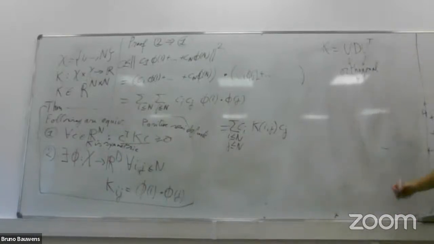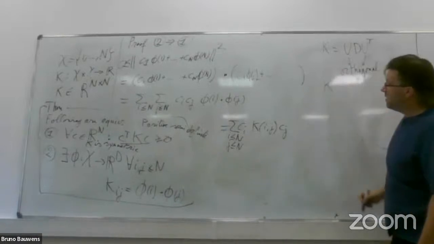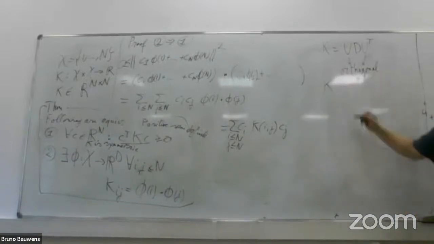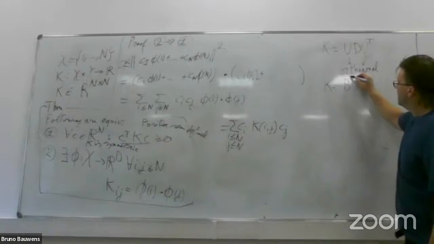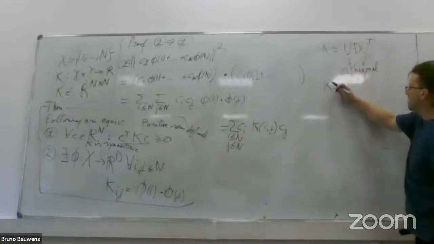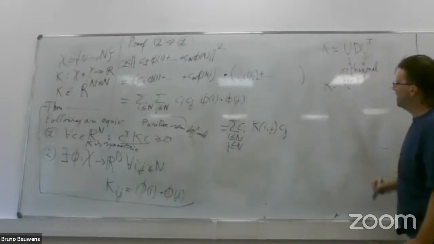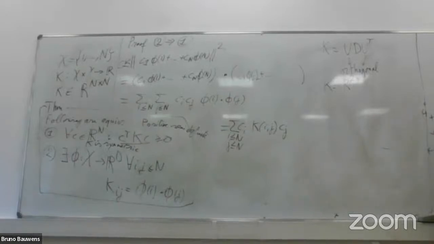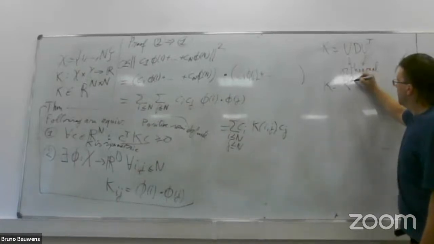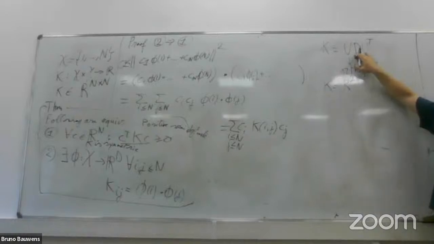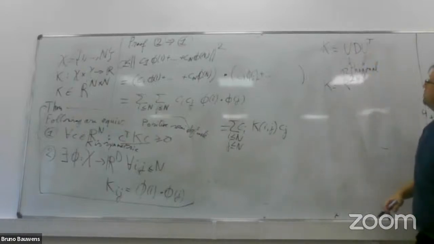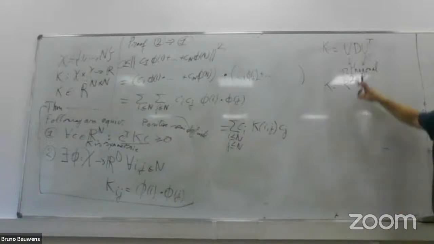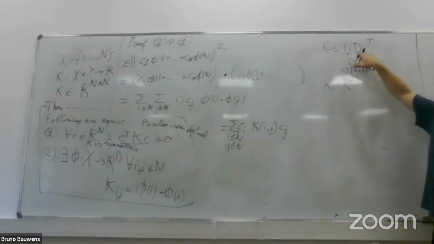What I want to say is if K is symmetric and positive semi-definite, we can write K as R squared. R is the root of K. This follows from this decomposition, because R is equal to this, but with D replaced by its square root.